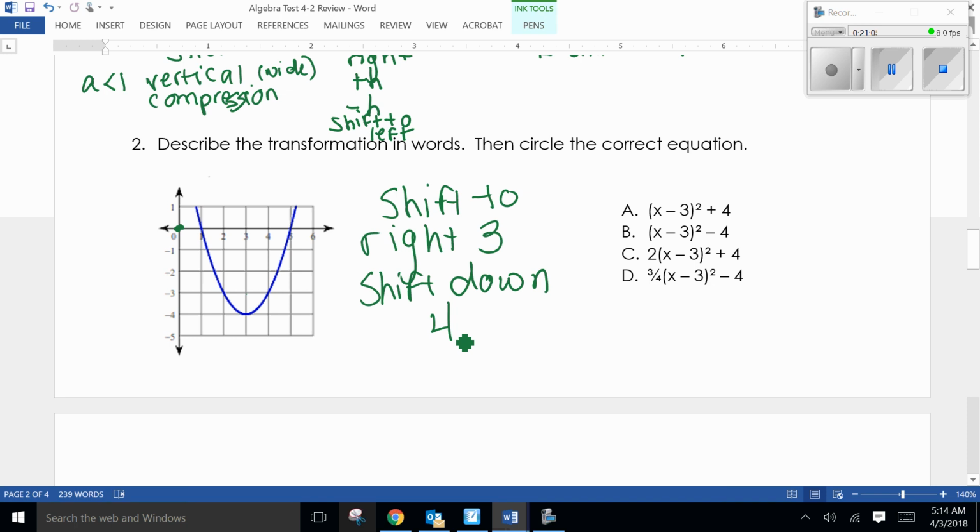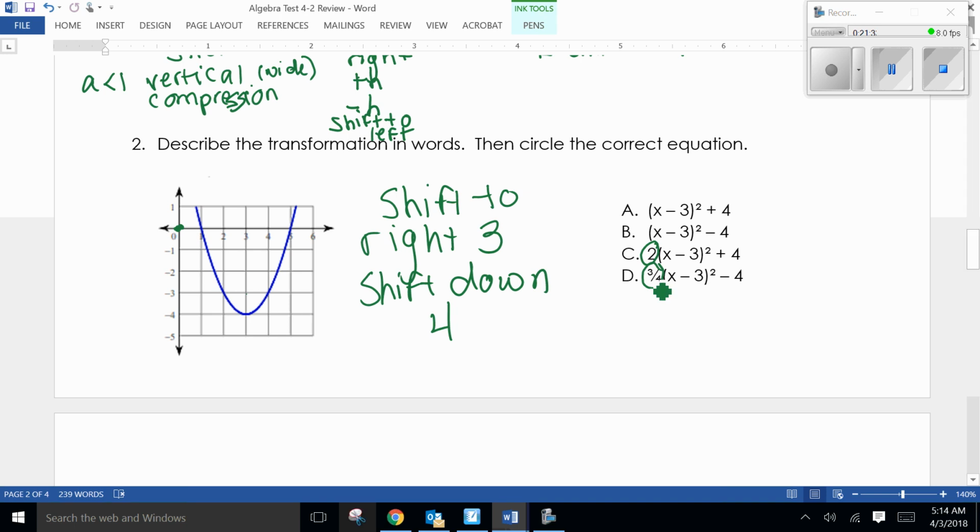Okay, so I realize that now that I'm looking at this problem, there are some answers where we don't really know how to determine this value and this value. We talked briefly that you could count this way to determine your a value, but that's not something that you're actually expected to be able to do.